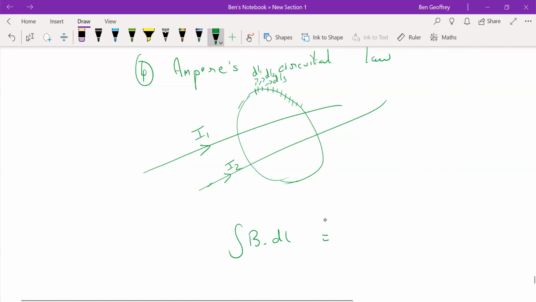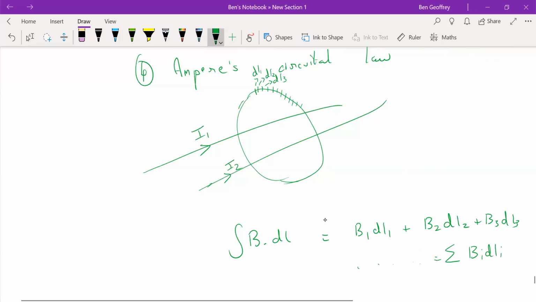Now B dot dl gives B1 dl1, the field in the region dl1, then B2 dl2 for the field in the region dl2, and it goes on like that for each segment, and you find the summation of Bi dli.